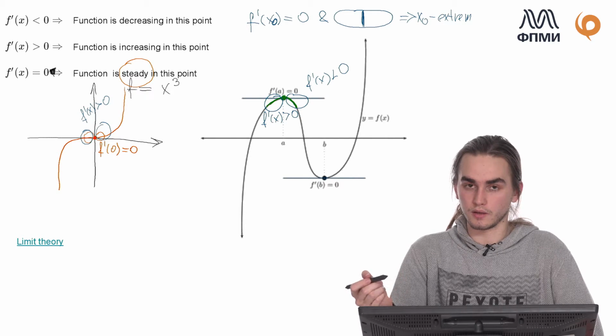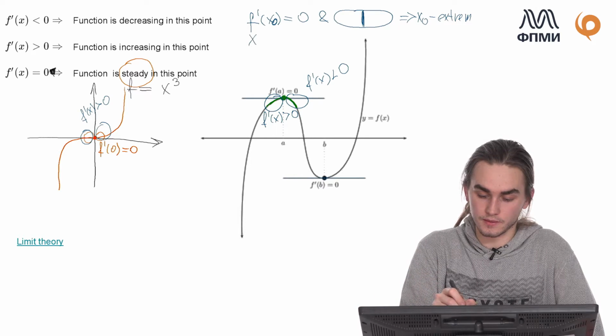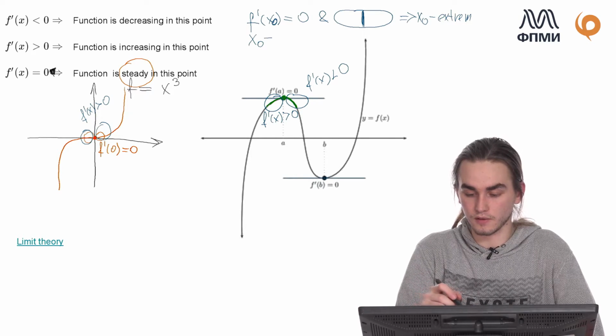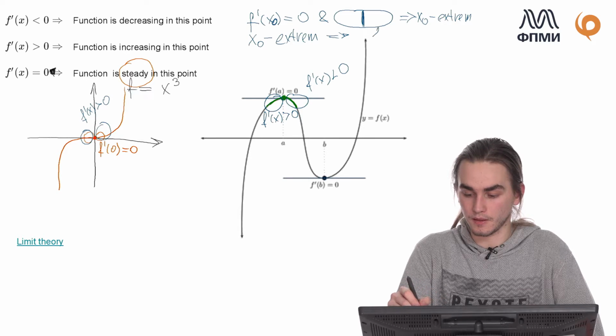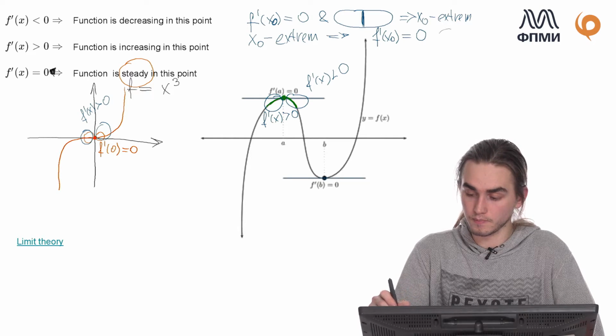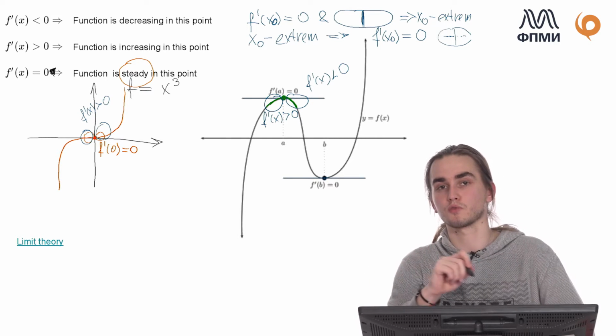So the other theorem is like backwards: if x sub 0 is an extremum, that means that f prime x sub 0 is 0, if the function is smooth enough.